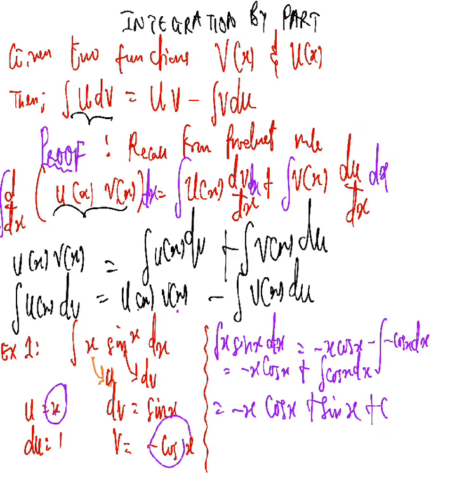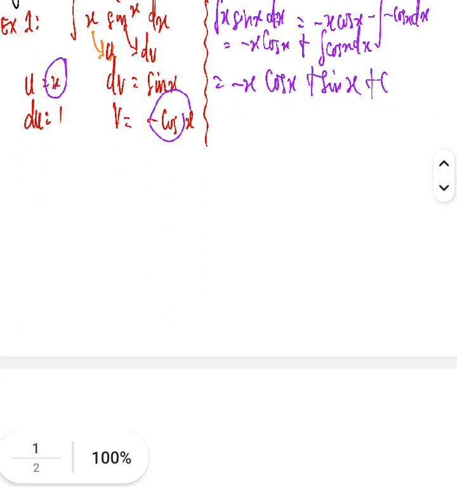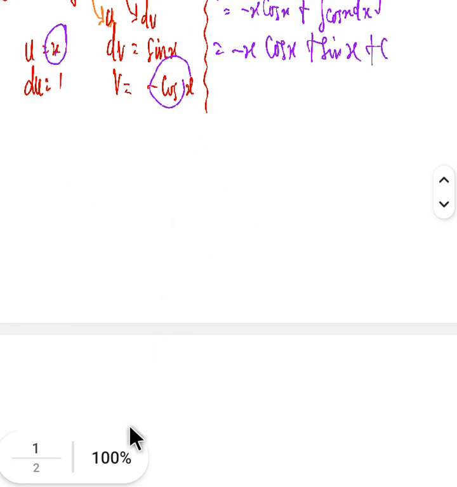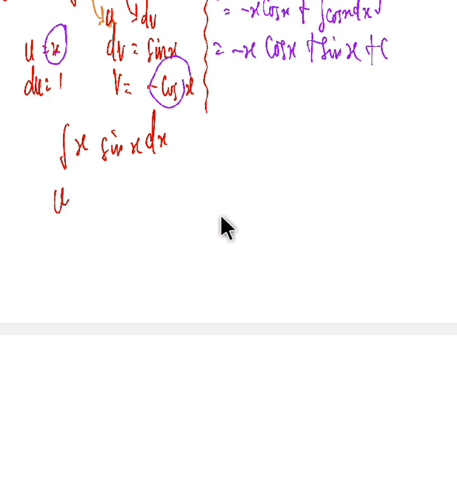All right, but if you don't want to do it this way, we have a very short method that we can use to solve this problem. The function is x multiplied by sine x dx. We have our u, then we have our dv.